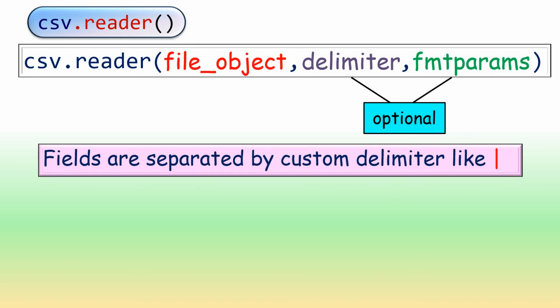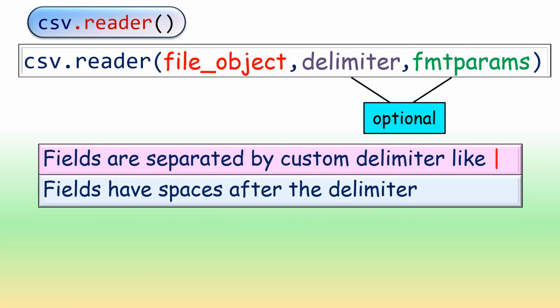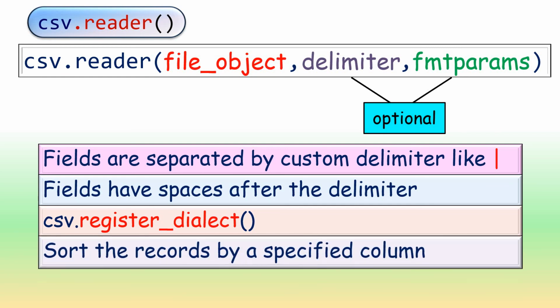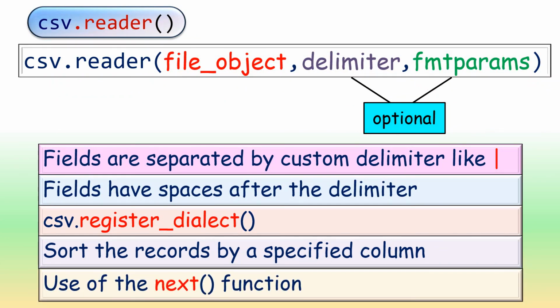That is when the fields are separated by a custom delimiter like pipe, when fields have spaces after the delimiter, and also you saw how to register a dialect using csv.register_dialect. We also sorted the records by a specified column, and during this process you learnt the use of the next function.